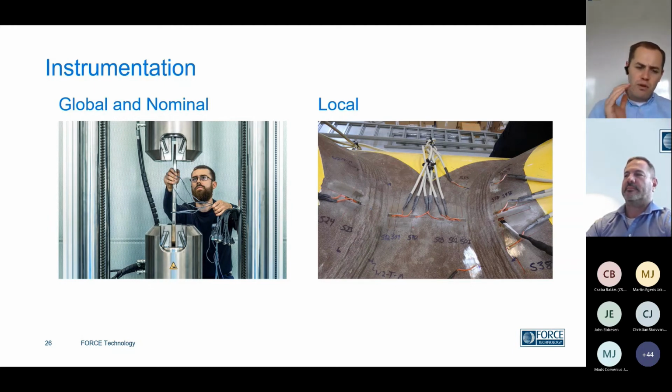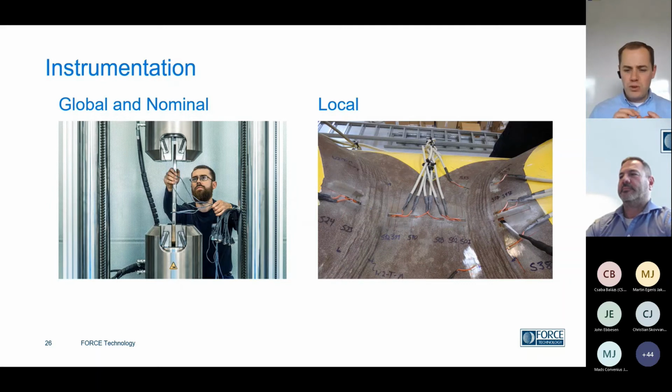If we go from the frame and the overall specimen dimensions down to the smaller dimensions, getting closer to any hotspots, we see wires coming off of this specimen. That's because we've mounted strain gauges here. You can see some individual strain gauges in the picture on the right. They're the small patches that are glued on the specimen.